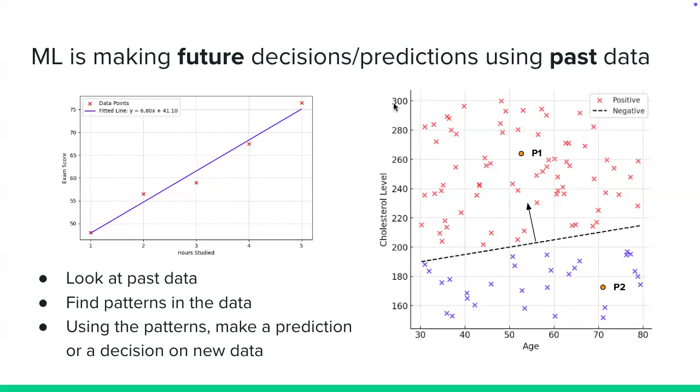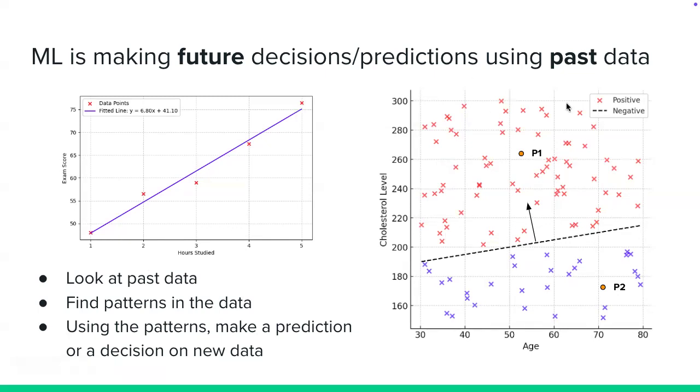Now, if we bring any new student and we want to know their exam score, all we need to do is plug in the hours that they studied into the equation of this line, and we will get their exam score. This example is called regression, specifically linear regression.